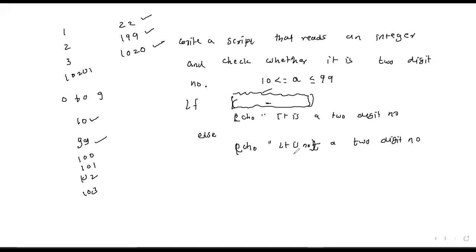Done. Otherwise it will not be a two-digit number. So it may be a three-digit number, four-digit number. So we are not writing a condition for that. We have to check whether it is a two-digit number or not. So back to terminal. First we have to write the script for this.